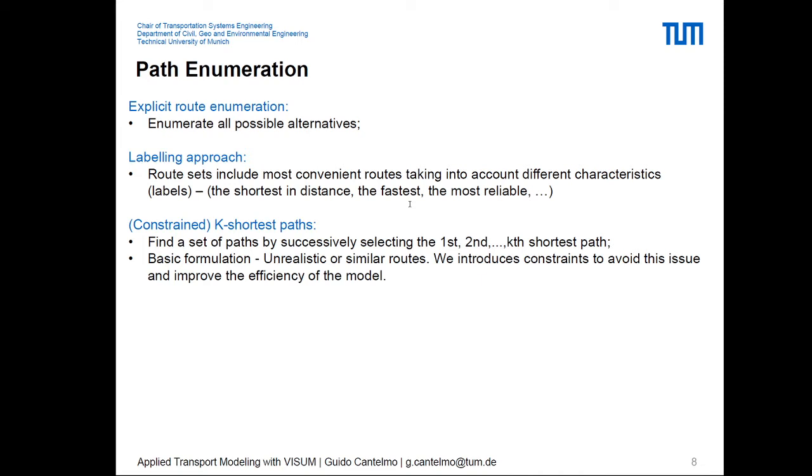The basic formulation uses, however, unrealistic or similar routes. The algorithm basically works by changing the network a little bit and changing the cost a little bit at each iteration to generate different routes. But again, the normal k-shortest path can create similar paths. So very often we use constraints to avoid this issue and improve the efficiency of the problem.